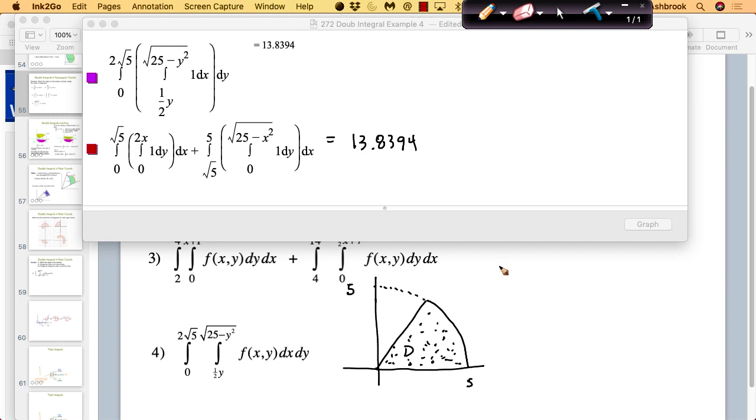Yeah? Anyone else see it? What is this from Calc 2? Polar coordinates? Does it look like polar coordinates? What are polar coordinates? That's right. So polar coordinates.